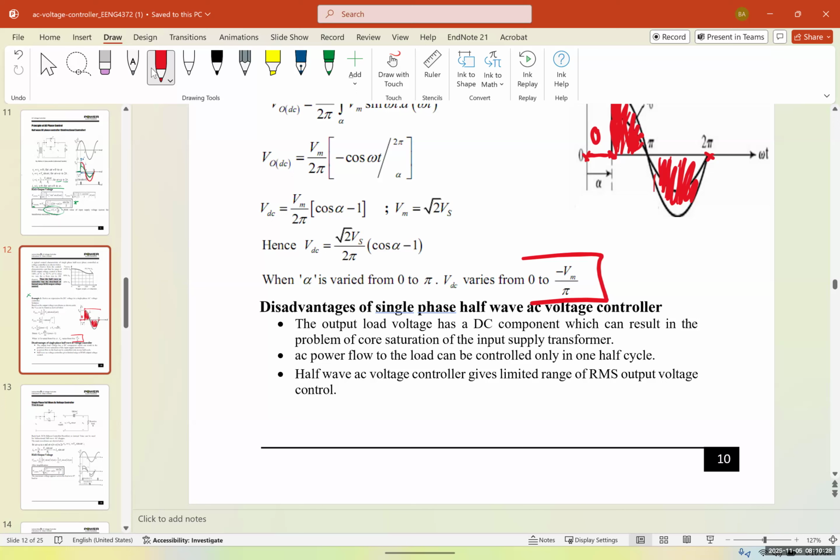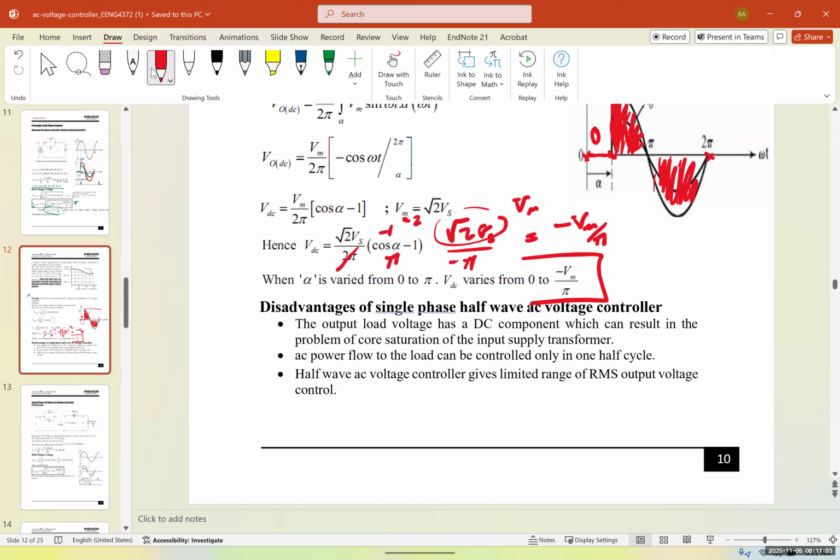Negative 1 minus 1 is going to give us minus 2. So we would have negative 2 over here. What we have is going to be square root of 2 Vs over negative pi, and square root of 2 Vs is Vm. In other words, this is negative Vm over pi.